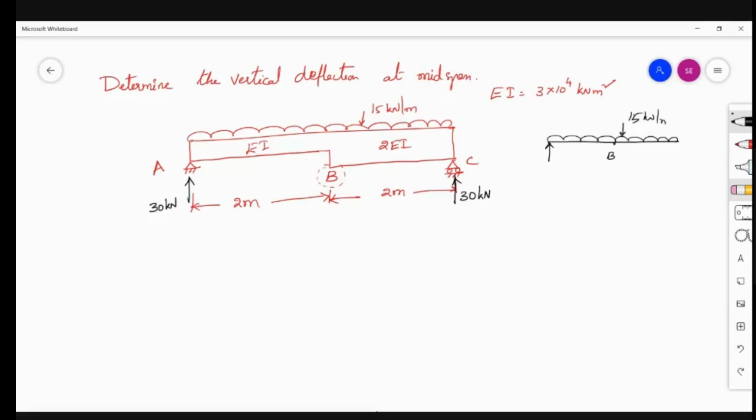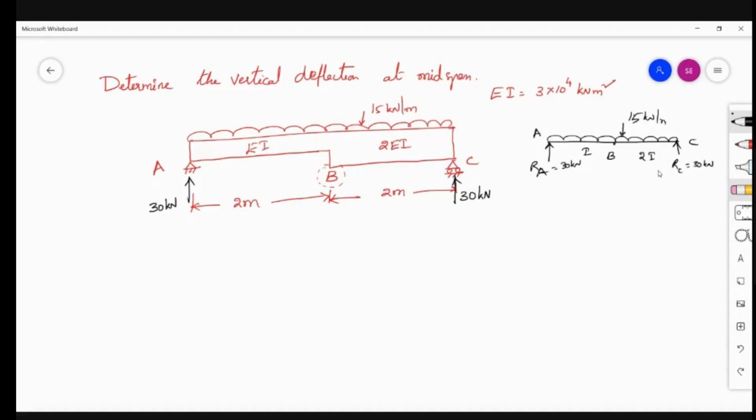This is point B. This is support C, RC. RA is 30 kilonewtons. RC is 30 kilonewtons. The moment of inertia for portion AB is I. The moment of inertia for portion BC is 2I.